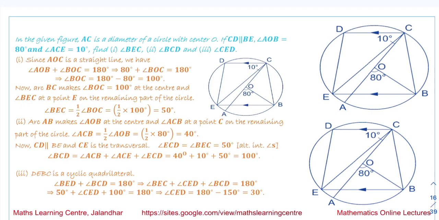Next we are given that a circle is there and AC is the diameter of the circle with the center O. This is the center O of the circle. We are saying that CD is parallel to BE, angle AOB is 80 degrees, and angle ACE is 10 degrees.